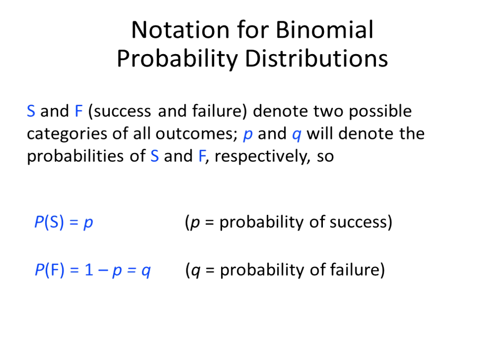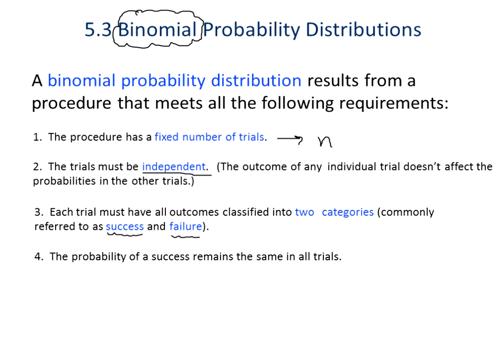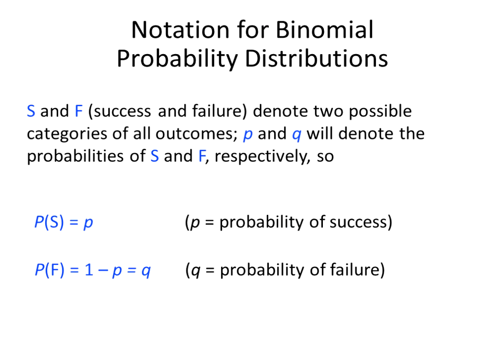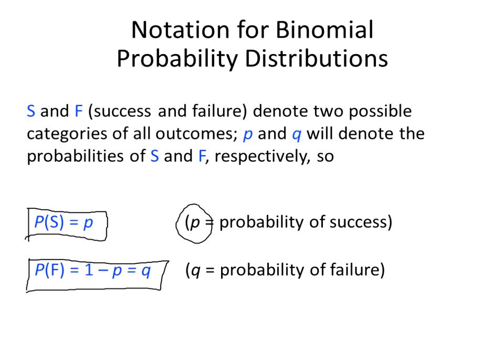Okay, so we're going to go ahead and talk about some notation for this. All right, so when we write P of S, that's the probability of a success. So probability of a success is always known as P. And a probability of a failure is always known as Q. So P would be the probability of a success, and Q would be the probability of a failure.